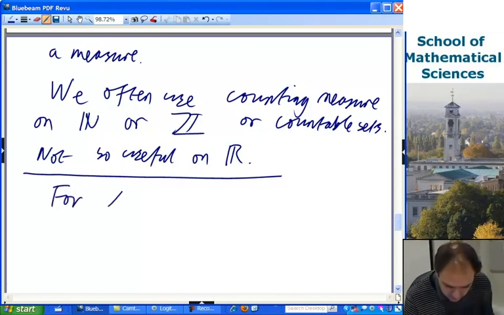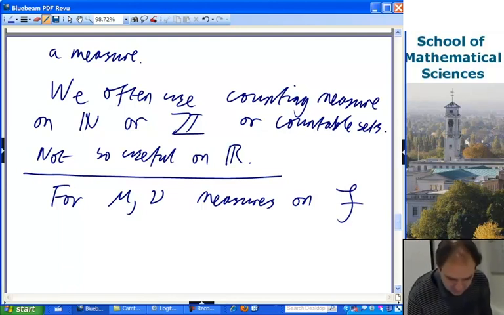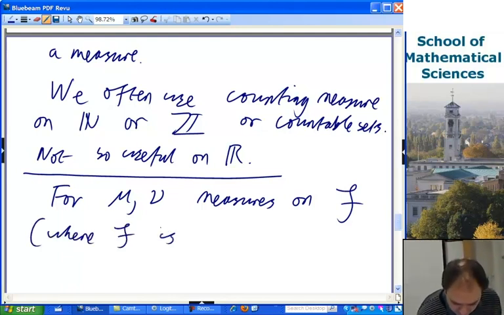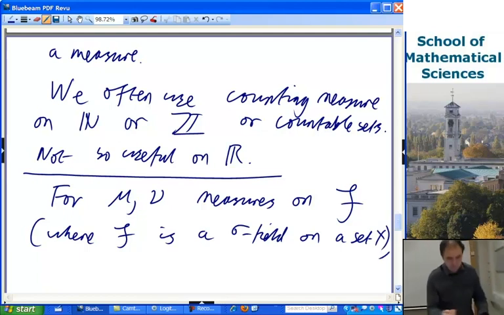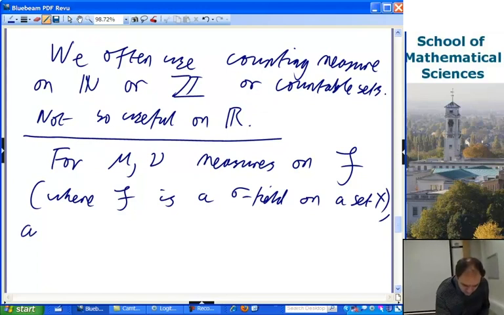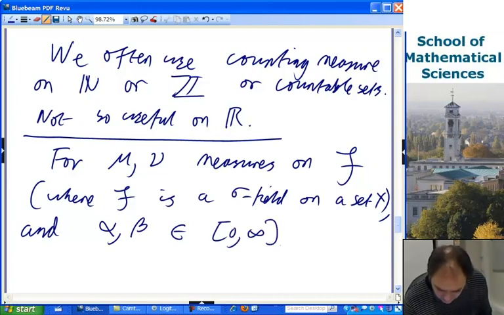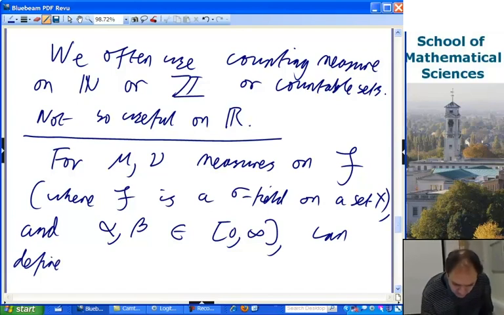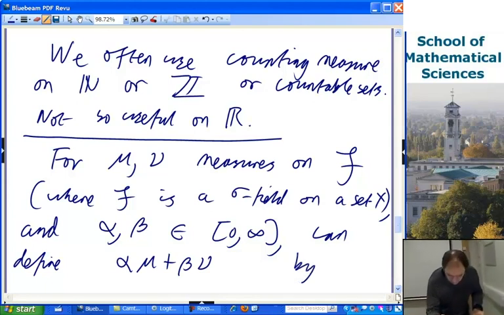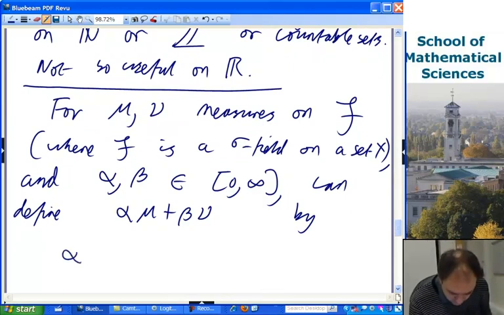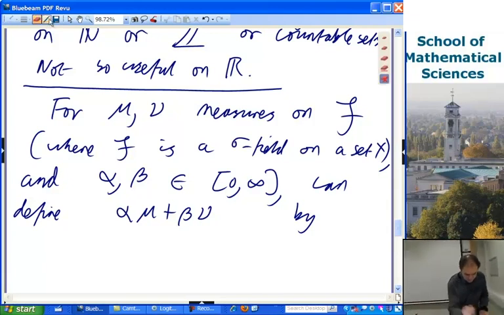So for mu and nu measures on F, where F is a sigma field on a set X, and alpha, beta in the non-negative extended real numbers, you can define alpha mu plus beta nu, a new measure.